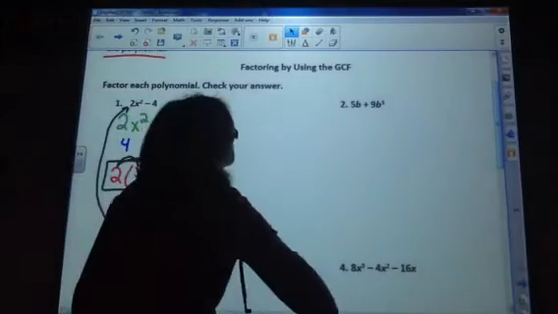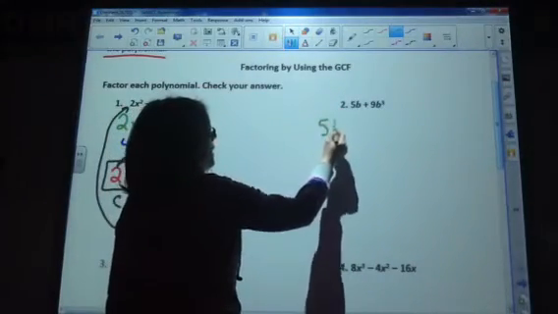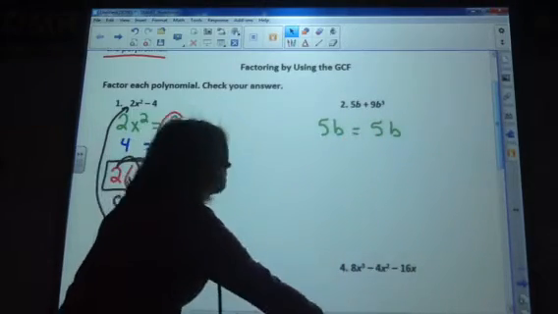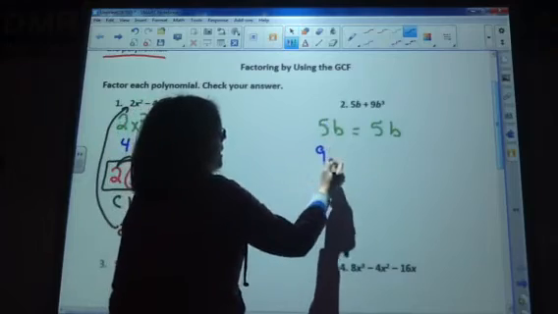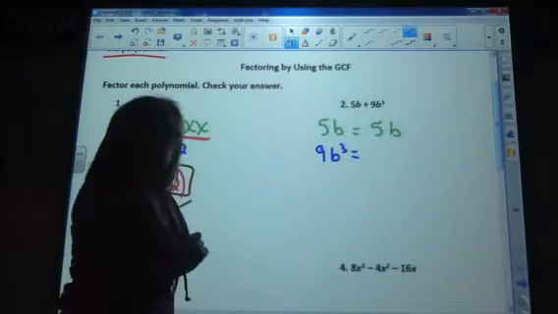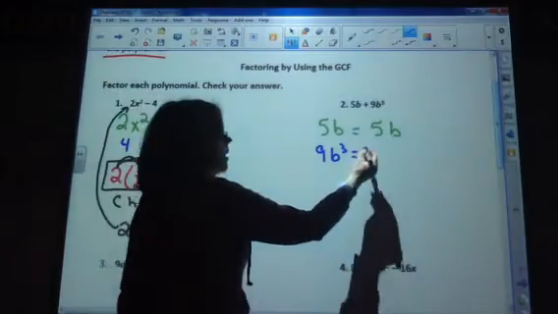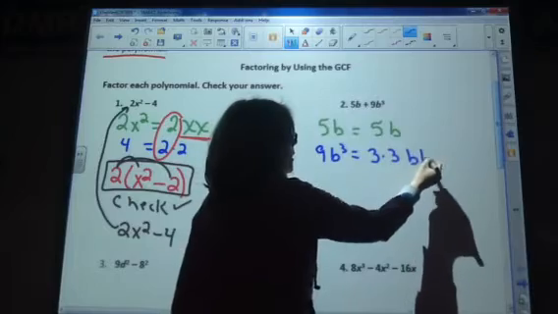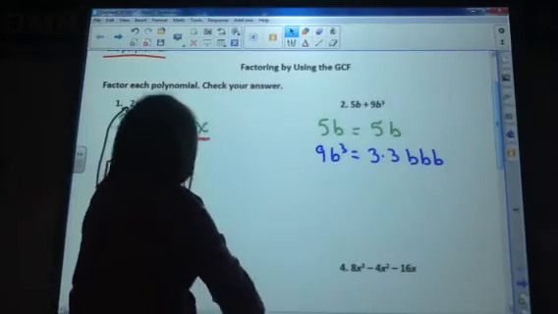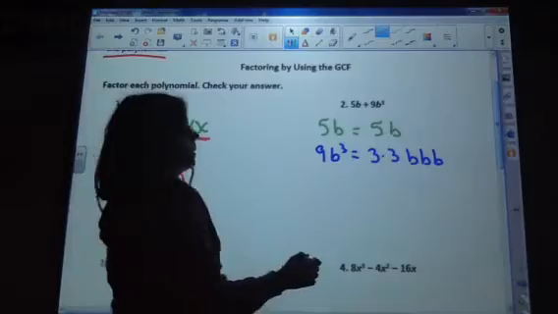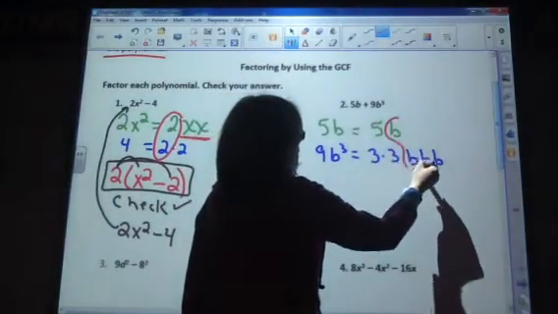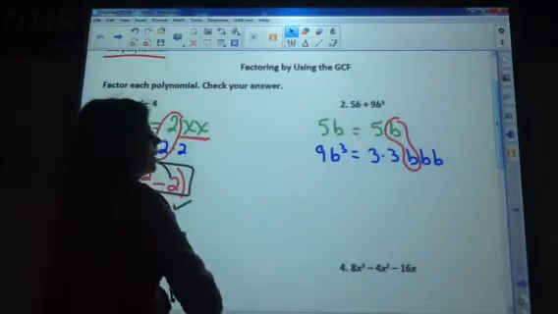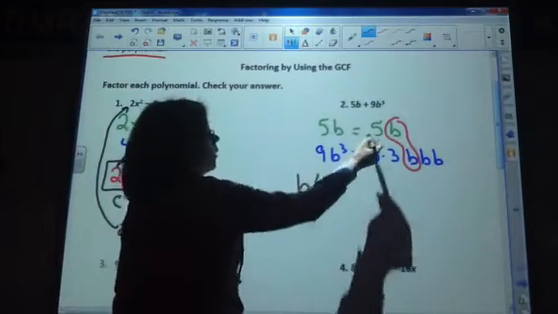All right, let's look at this one. Our first term is 5b, so our factor for 5b is 5 times b. Our second term is 9b cubed. So our factors for 9 are 3 times 3, and for b cubed, 3 b's. Okay, what do they have in common? They have 1 b in common. So we're going to factor out that b. What do you have left?